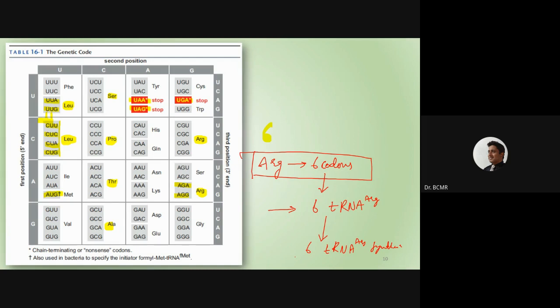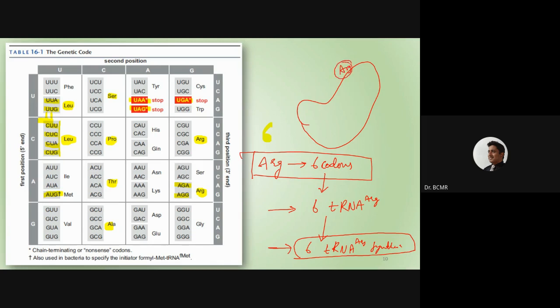But what I'm bringing up here is about the tRNA synthetases. You don't need 6 different tRNA synthetases at all. You only need one tRNA synthetase that could recognize all these 6 tRNAs and add arginine during charging. It will just add an arginine.